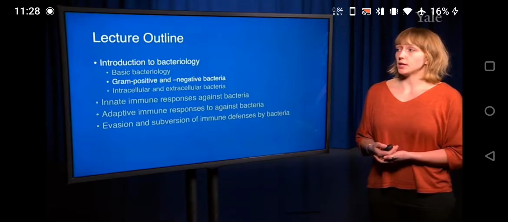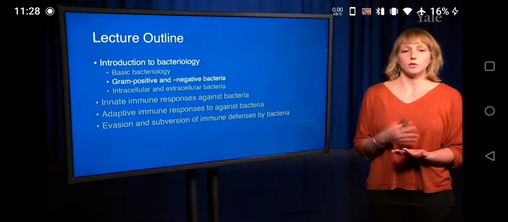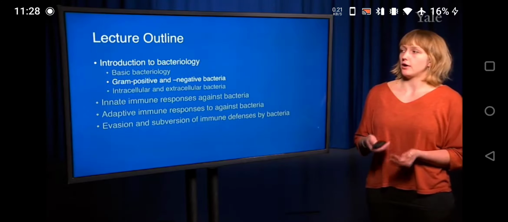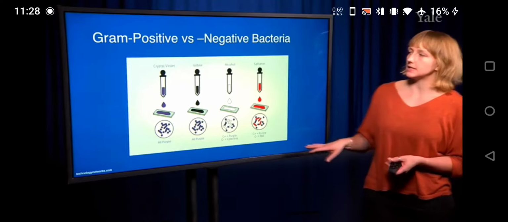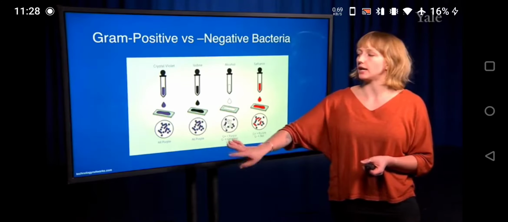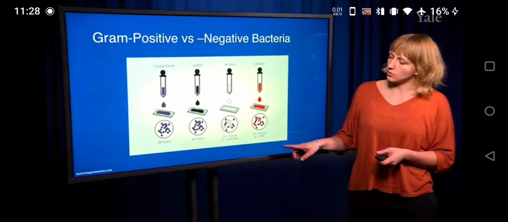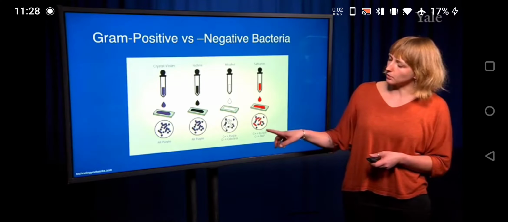So first we're going to start with talking about the difference between gram-positive and gram-negative bacteria. So gram-positive and negative are called for this Gram test, which is basically a staining that involves crystal violet, iodine, and alcohol and safranin, such that gram-positive bacteria seen here are labeled purple at the very end.